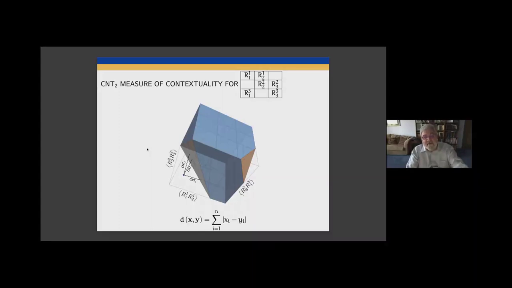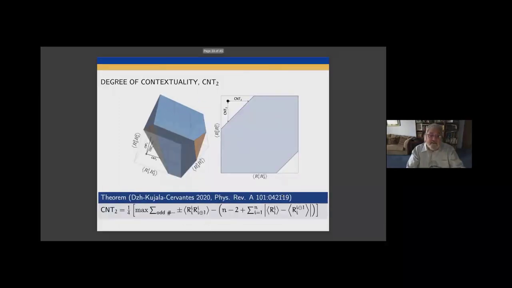So as you see here, this distance, as it is shown by these interrupted lines, is this measure of contextuality. Here it is shown for the rank 2 system, which is much easier to comprehend. Here is this polytope, and here is your system.